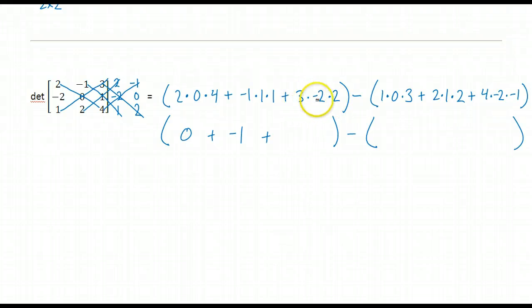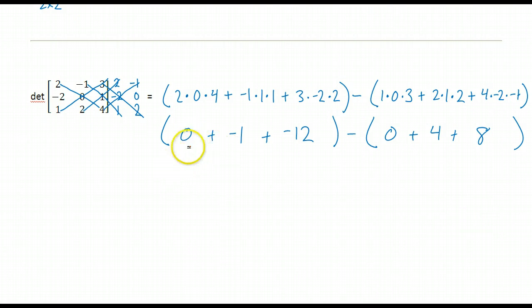It's going to give me negative 6 times 2 is negative 12. I'm going to perform all of this math. 1 times 0 times 3. 2 times 1 times 2. 4 times negative 2 times negative 1. 4 times negative 2 is negative 8. Times a negative 1 gives me a positive 8.